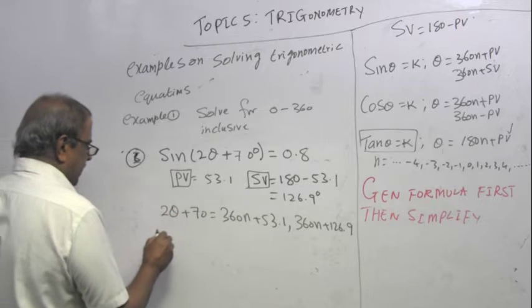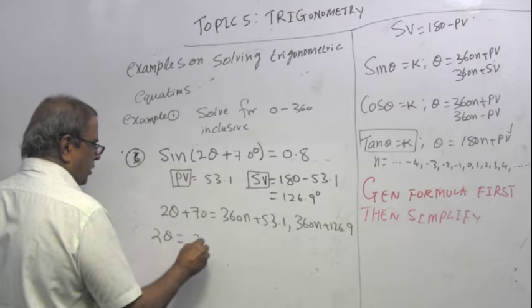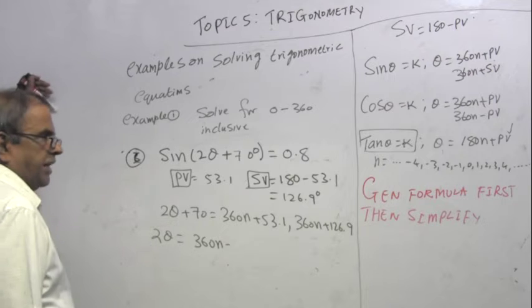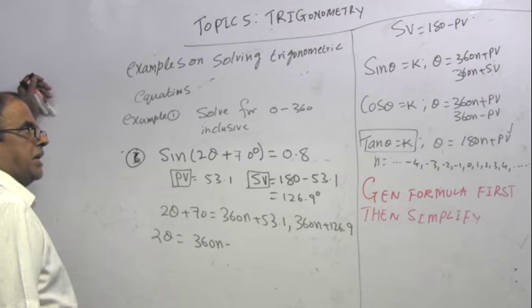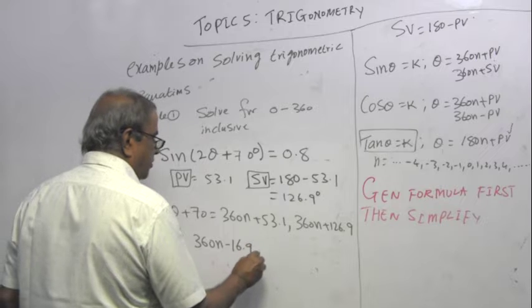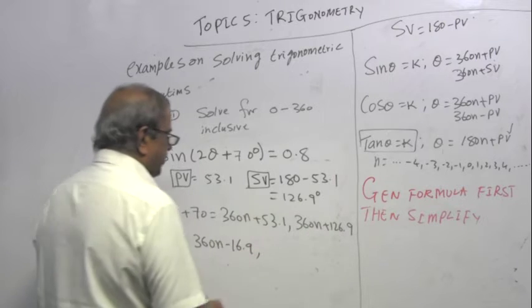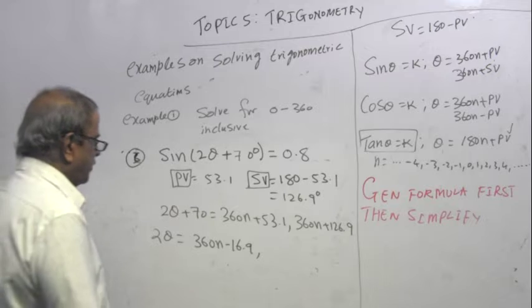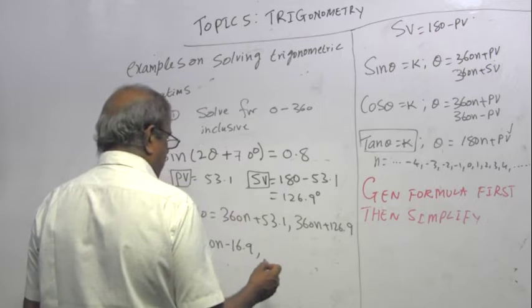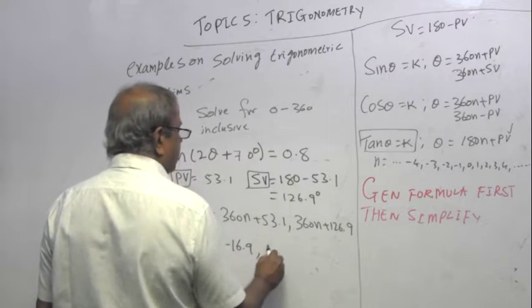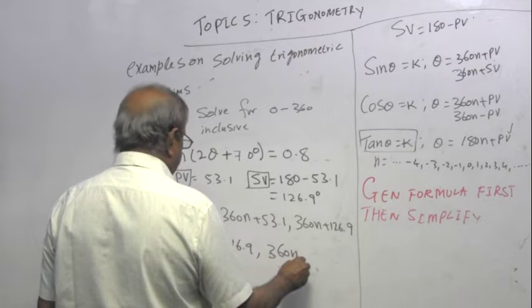Take 70 to the other side. 2 theta equals 360n plus PV minus 70, that is 53.1 minus 70, or 360n plus SV minus 70, that is 126.9 minus 70, which is 56.9.